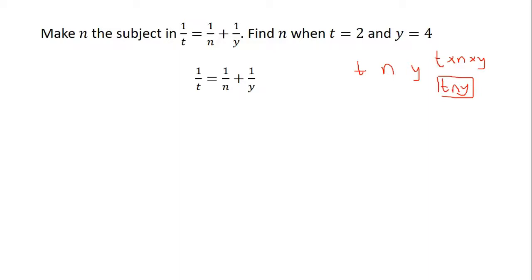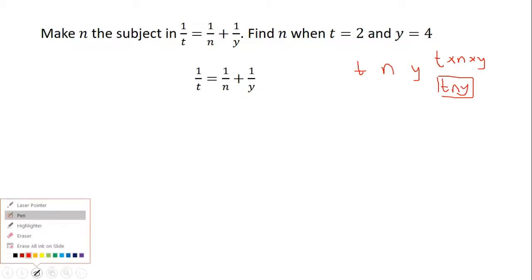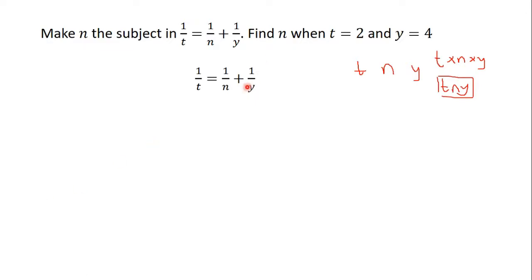After you found the LCM, you identify the terms in the equation. The terms in this equation are 1 over t, 1 over n, and 1 over y. After you have identified the terms, you multiply each term by the LCM.